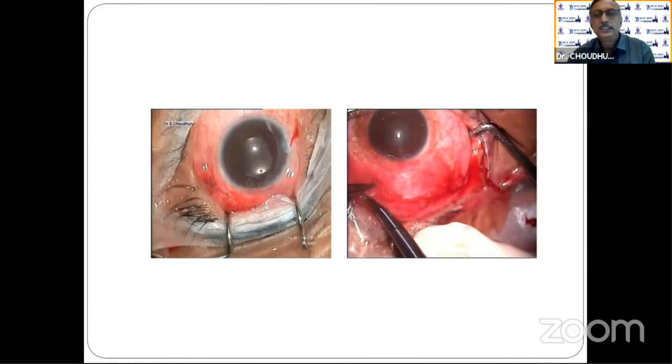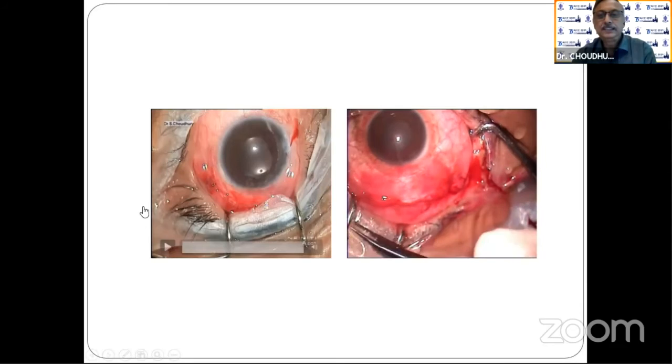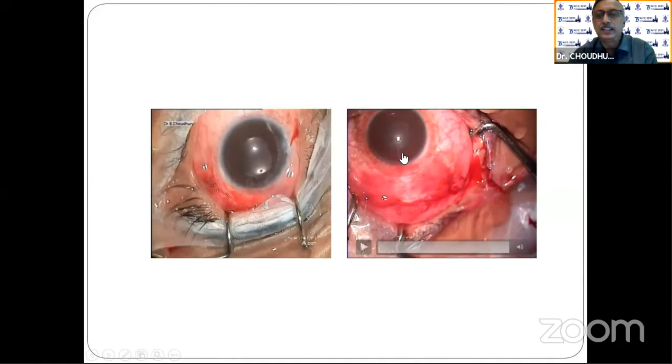And it's sutured. You can see the tube inside, but it will regress a little when the chamber forms and the intraocular pressure will rise.